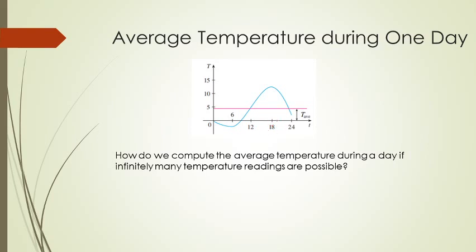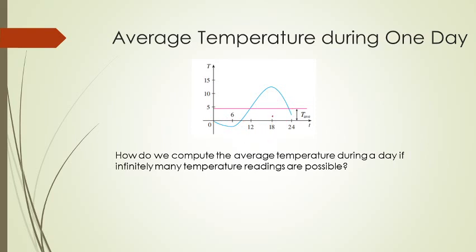So you will have infinite temperature readings, right? You will have the temperature readings for every minute, or maybe every 30 minutes. It's different, right? So here there are infinitely many temperature readings.